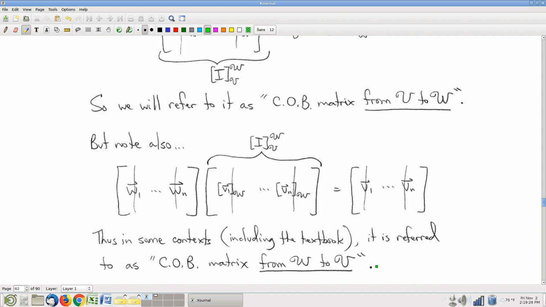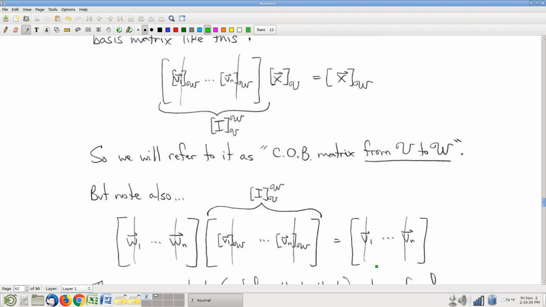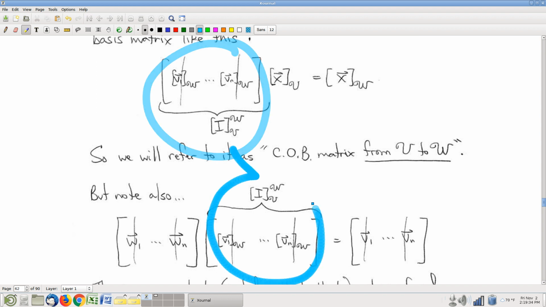Here's another true fact. This exact same matrix, computed by exactly the same formula, and I'm going to justify why this is true.